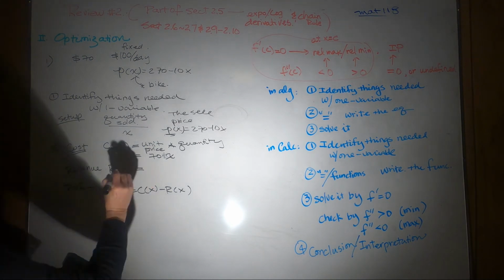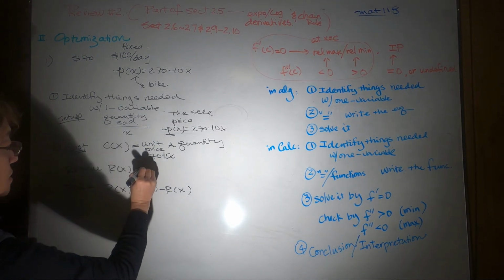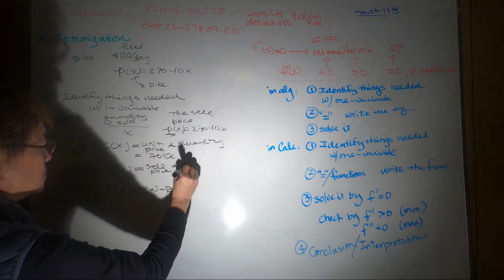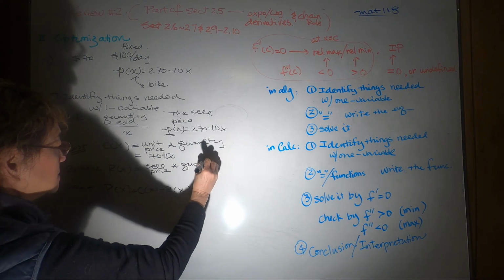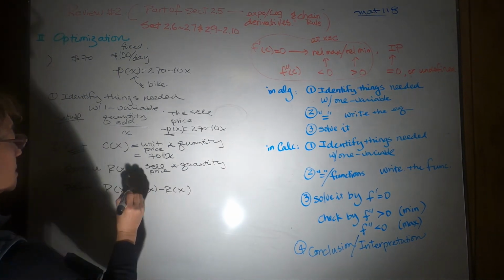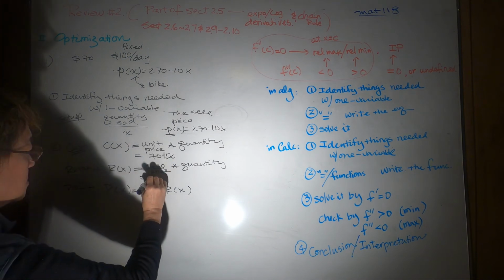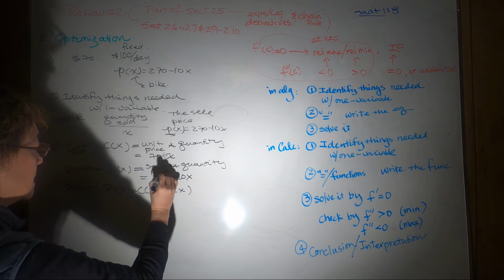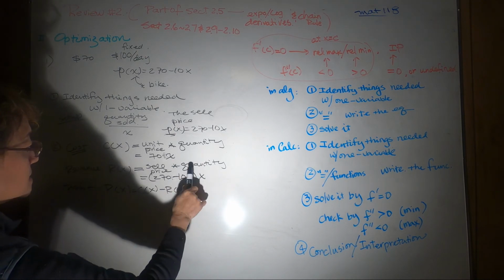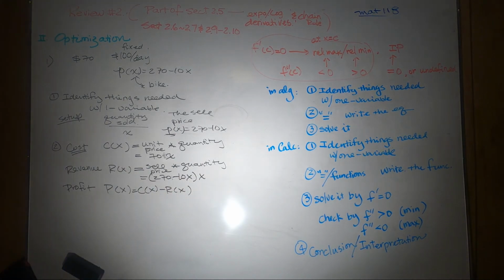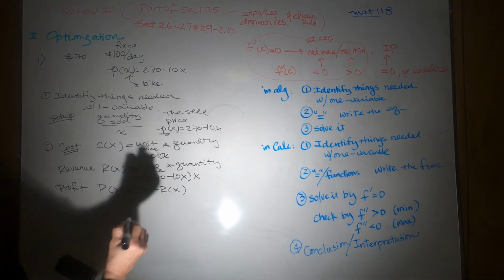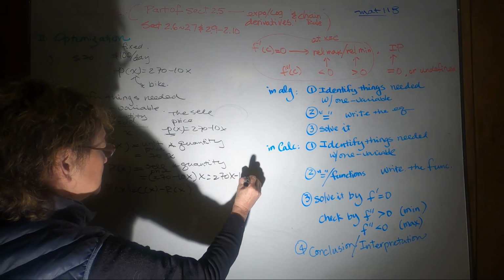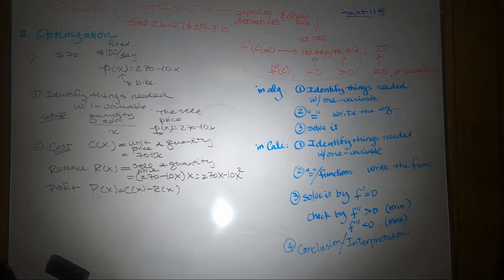Then revenue will be your sale price times quantity, right? So your sale price, the price to sell, is 270 minus 10x, then times x is your quantity. Is that right? So that will be 270x minus 10x squared, right?